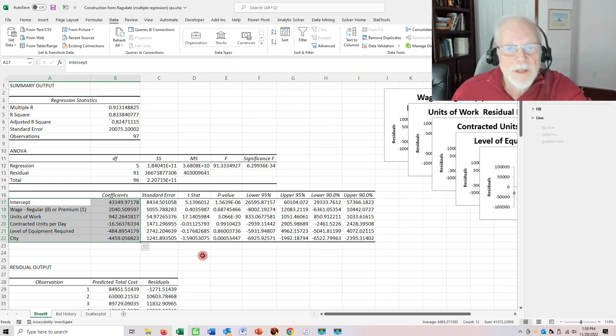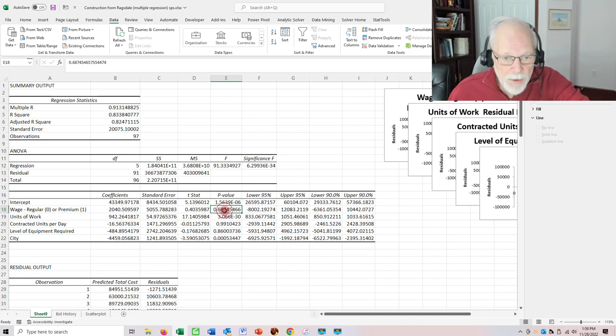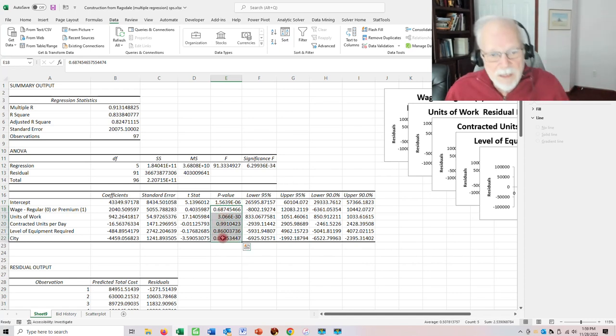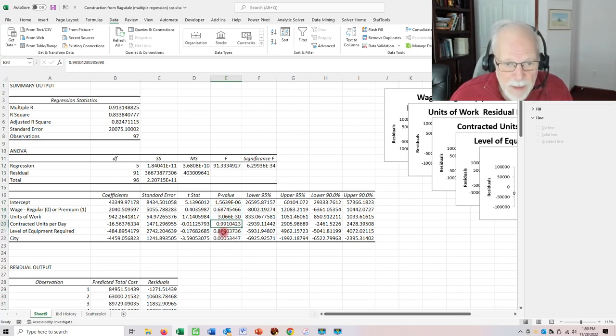Are these values statistically significant? Well, let's ignore the constant term for the moment, but look at the rest of these. We can see that this variable here and this variable here have extremely large p-values, as does this one here as well. Those variables don't look like they're statistically significant in the model. On the other hand, these three here are showing quite small p-values.